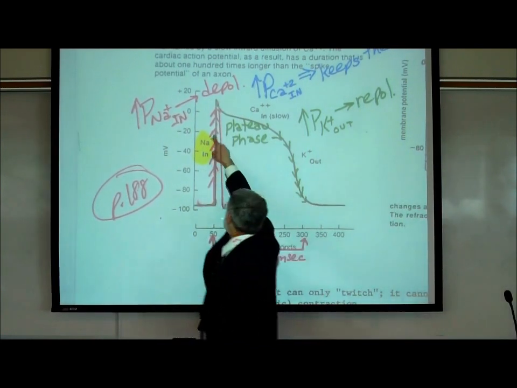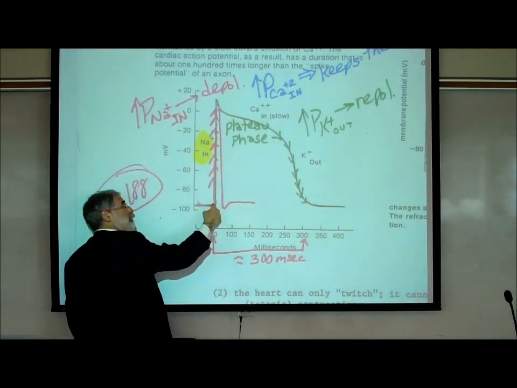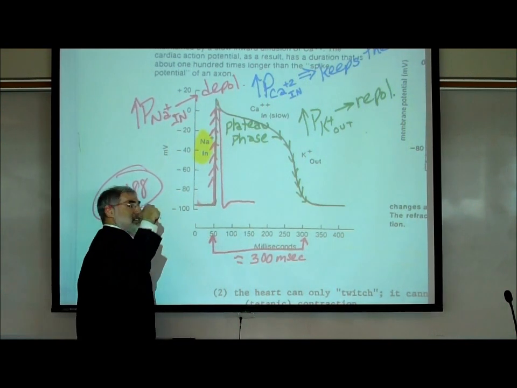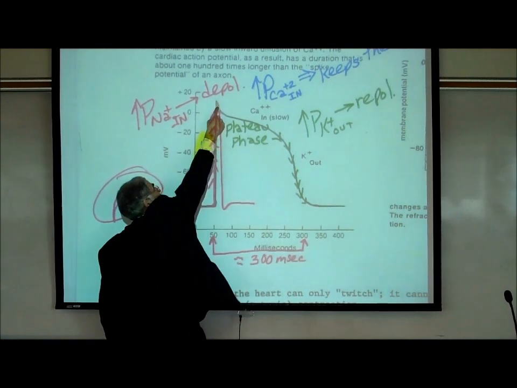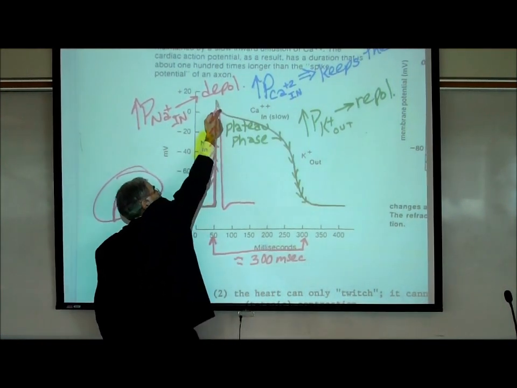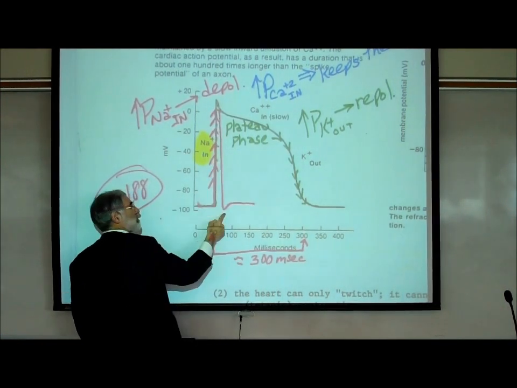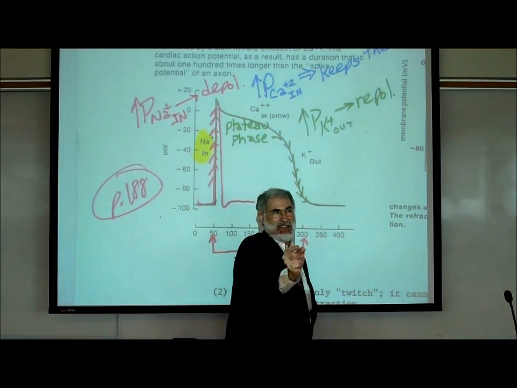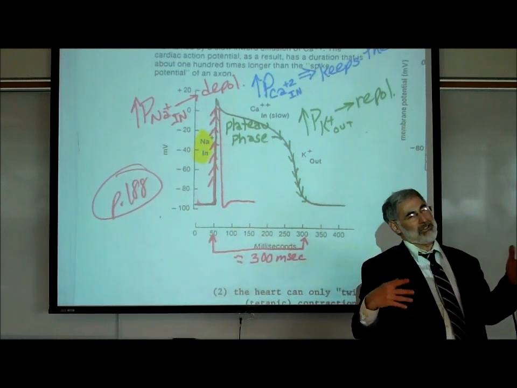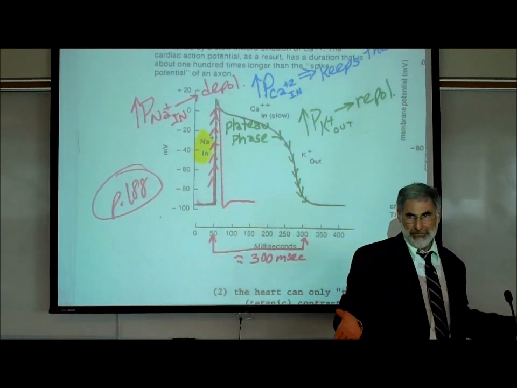I drew right next to it, right here, an action potential in a nerve cell. A typical action potential in a nerve cell depolarizes as sodiums go in, it repolarizes as potassiums go out, and the whole action potential lasts 1 millisecond, and then it needs about 10 milliseconds to recover, and it can fire off again.